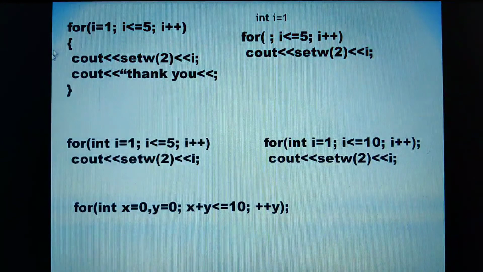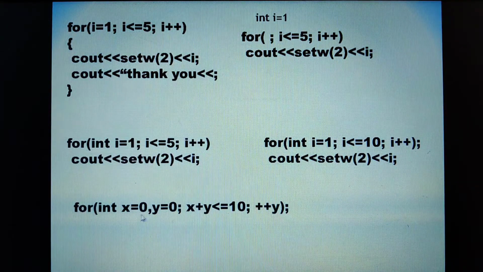Here in the initialization I have taken two variables, x and y, and declared them now as I use them. So x is 0, y is equal to 0. Both come under the initialization part, so they have to be separated by the comma operator.